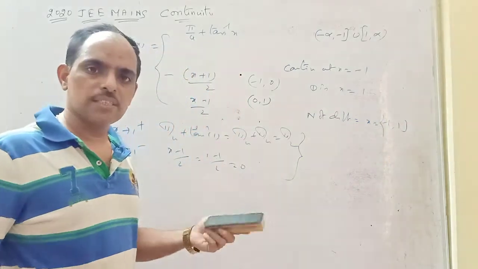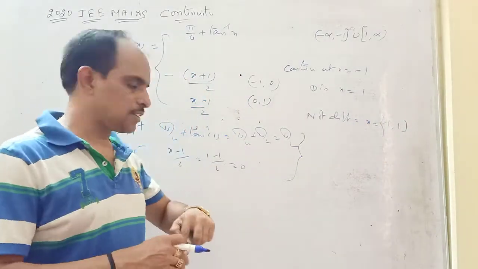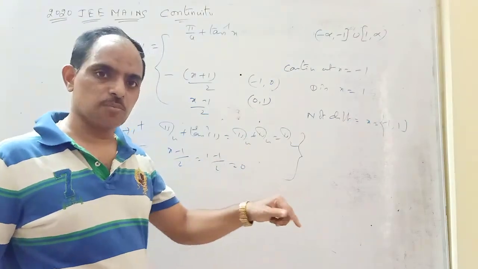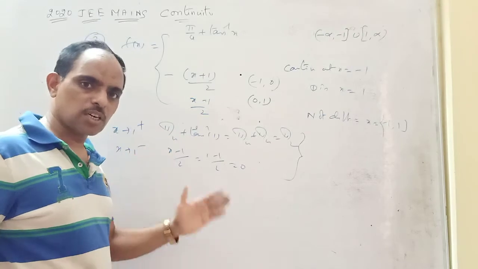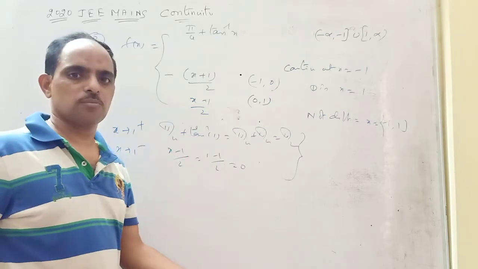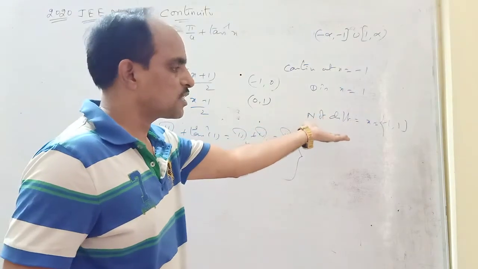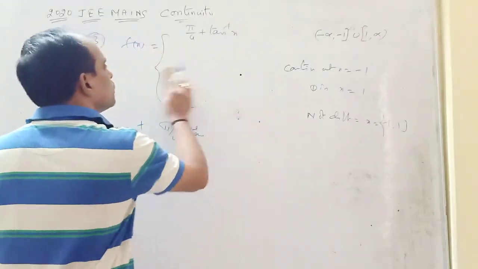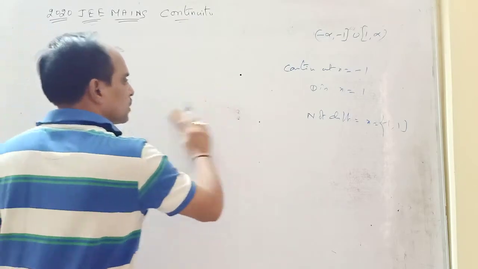At x tends to minus 1, it is continuous but not differentiable, and at x is equal to 1 it is not continuous, which means it is not differentiable. So not differentiable at 2 points, continuous at 1 point and discontinuous at 1 point. So that is the solution for that question.